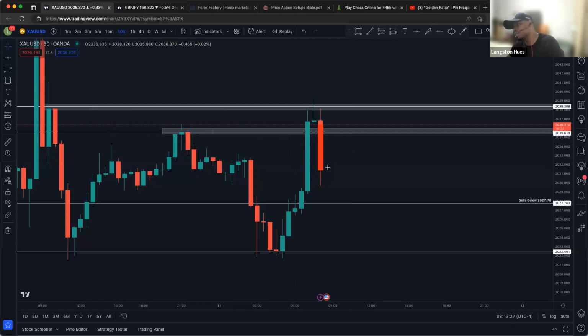Then you want the next candle, maybe something like this. And then you'd like to see a bullish candle form right after that, forming a new support, something like this.